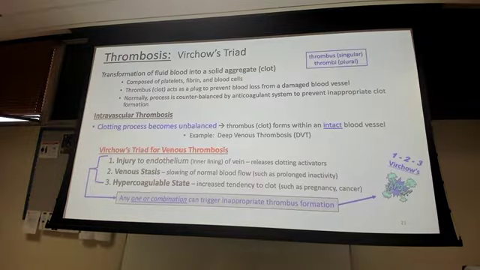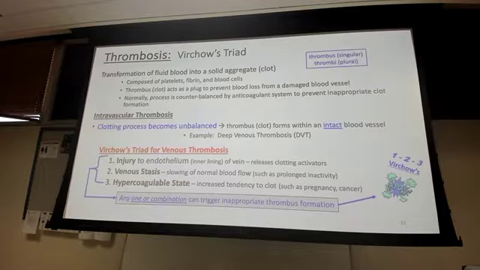Anyways, so with blood clots, right? Our blood is supposed to clot. We want it to clot. If we have some type of damage to our vessels, we want our blood to clot, because if it doesn't, then we're going to bleed out. So it's supposed to happen. It's a good thing. Now, normally in our body, we have mechanisms in place to reduce clotting when it should not happen.